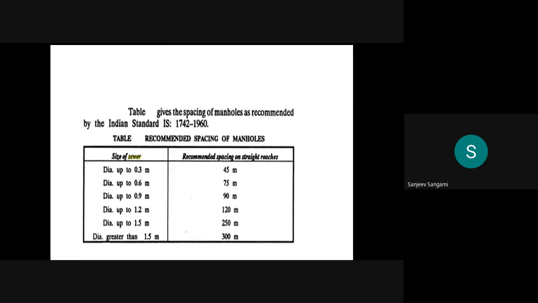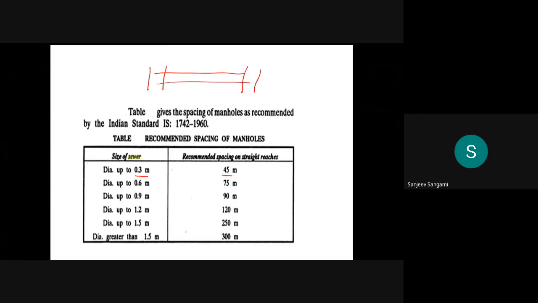Suppose the dia of the sewer is up to 0.3 meters, then the recommended spacing on straight reaches is 40 meters. Straight reach means, suppose this is the pipeline, where exactly you have to provide the manholes.